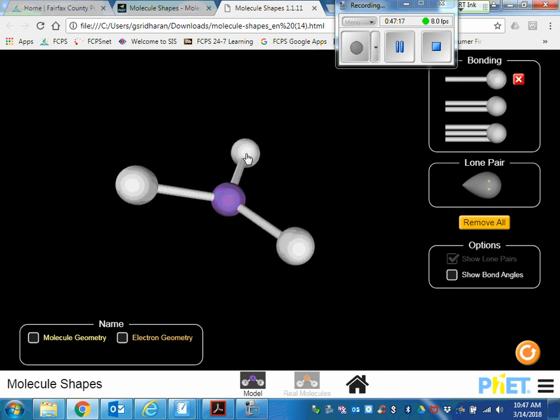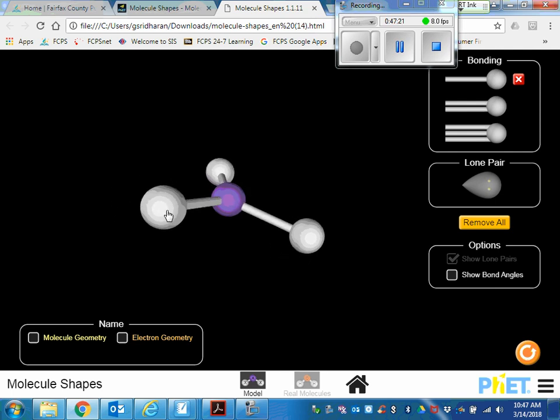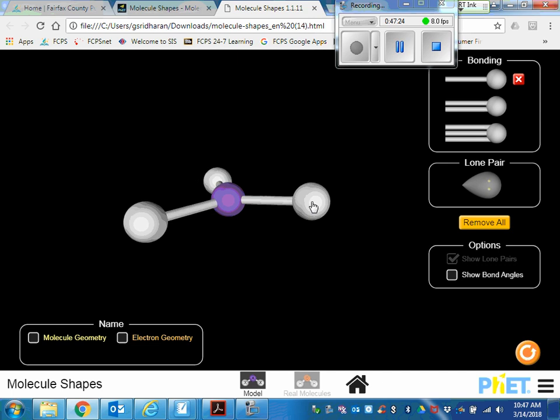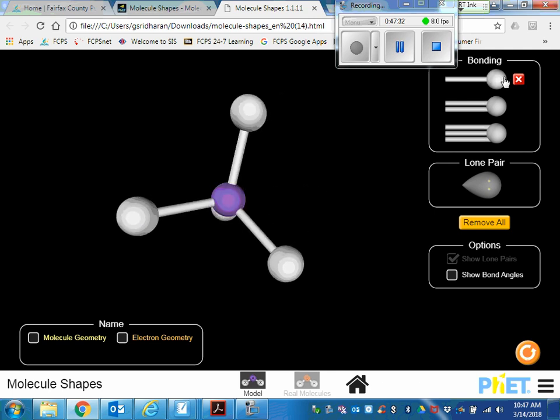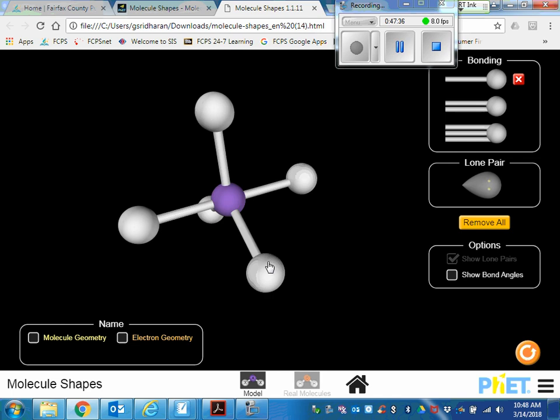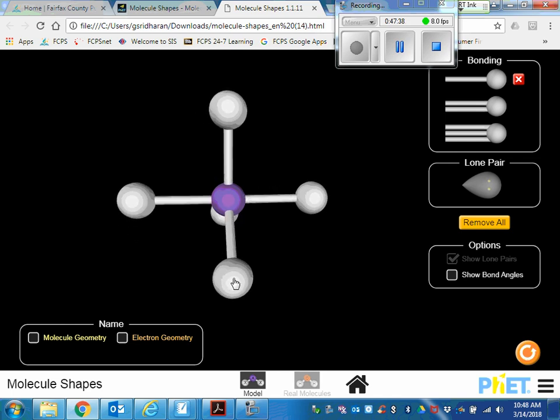Does it look flat like a triangle? Now I will introduce 1 more bond. It becomes tetrahedral, but then I introduce another bond. Let's rearrange this. Does this look like a triangle with 1 on the top and 1 on the bottom? Do you see that structural arrangement?